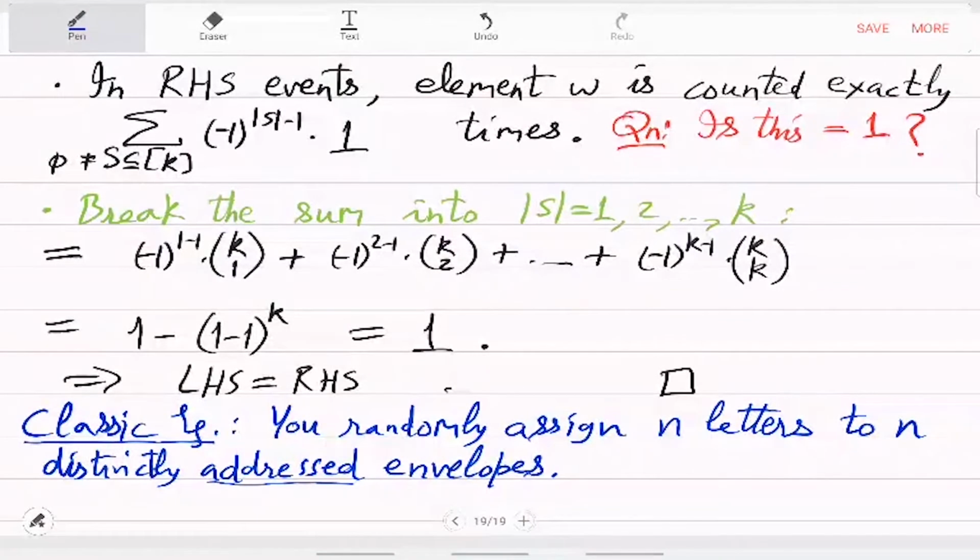So there are n letters, each of these is addressed to a different person or location, and accordingly you have the envelopes. Now, obviously, you want the letters to be sent to the correct person, correct address, but we will be asking the opposite question: what is the chance that every letter is misplaced, wrongly delivered?